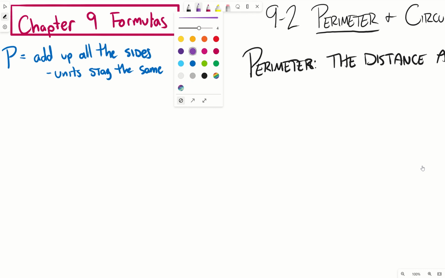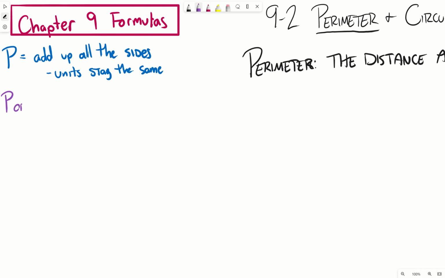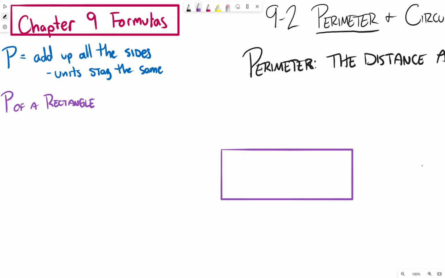Now, specifically, if we want to find the perimeter of a rectangle, we can use a formula for that, right? Let's say I have a rectangle over here, and I know that this side is 8 feet, and this side is 10 feet.